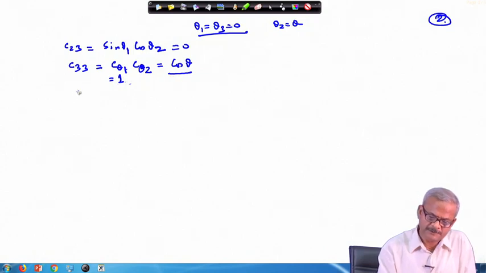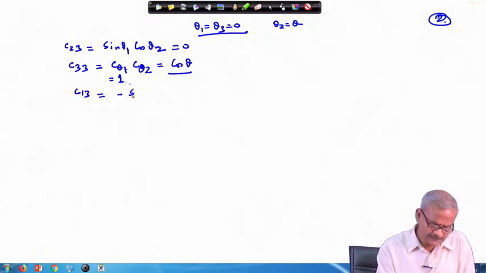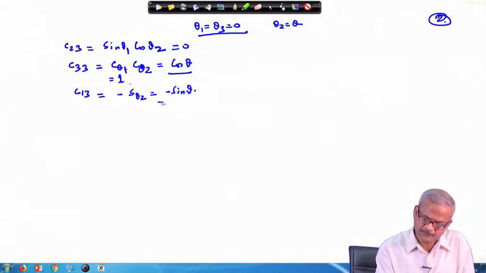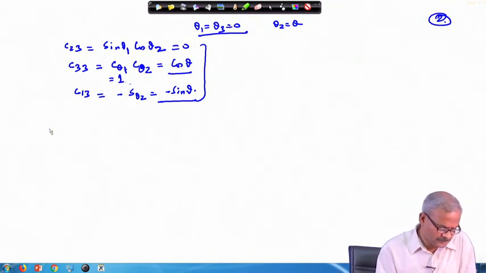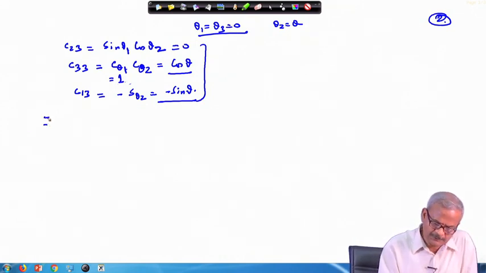So this we can write as cos theta, and C 1 3 equals minus sin theta 2, that is minus sin theta.